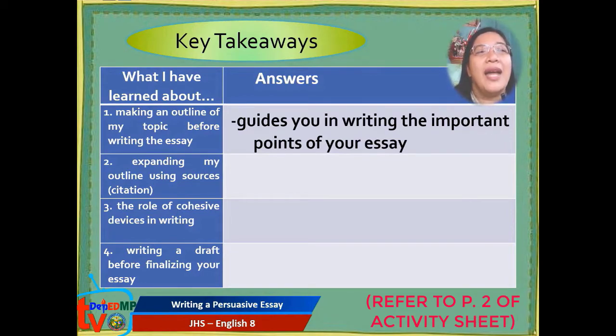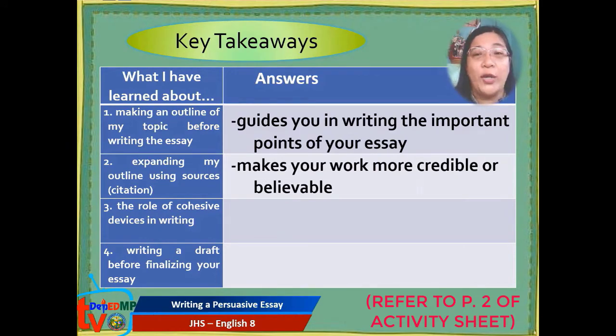Number 2. Expanding my outline using sources. This is on citations. It makes your work more credible or believable. 3. The role of cohesive devices in writing.